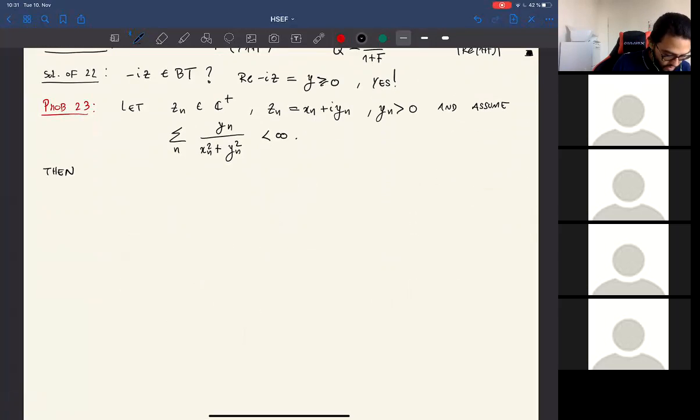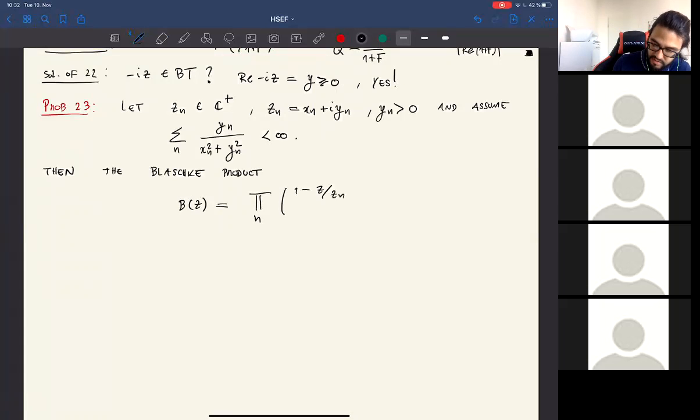the Blaschke product, which we define now, P of z, to be 1 minus z over.